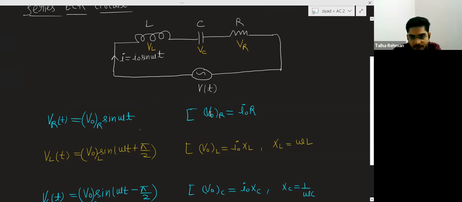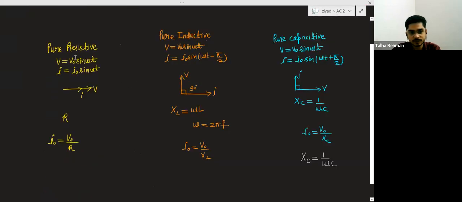If you want to calculate the peak value of voltage across the resistance, it will be I naught into R, since V is equal to IR. That is why I have written these equations, for revision.